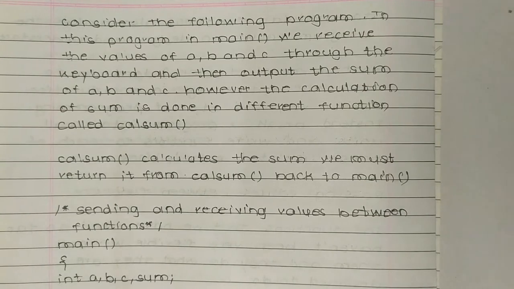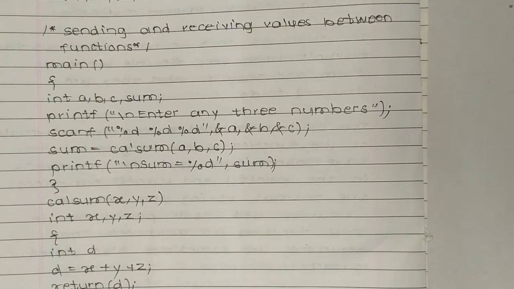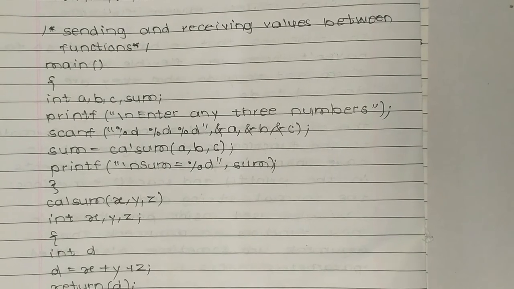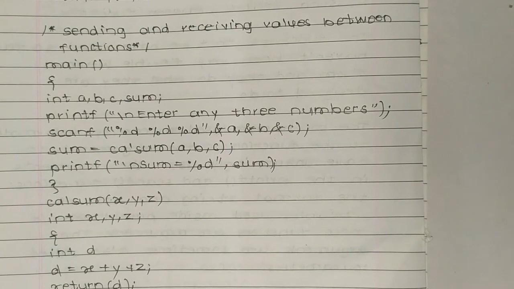So let us discuss this program, sending and receiving values between functions. First is main, a compulsory function used in every program. int a, b, c, sum; so a, b, c and sum are integers.